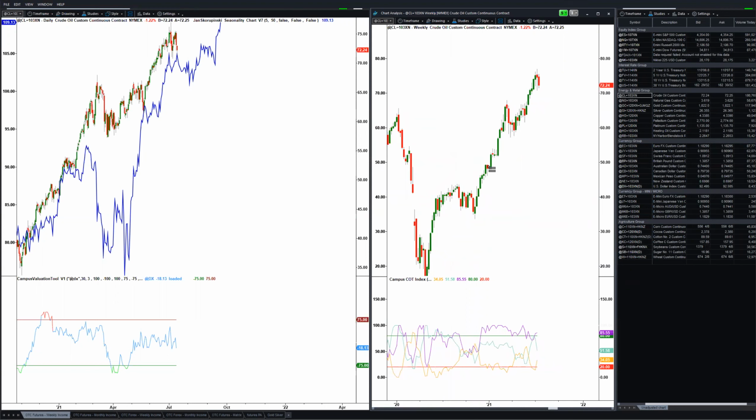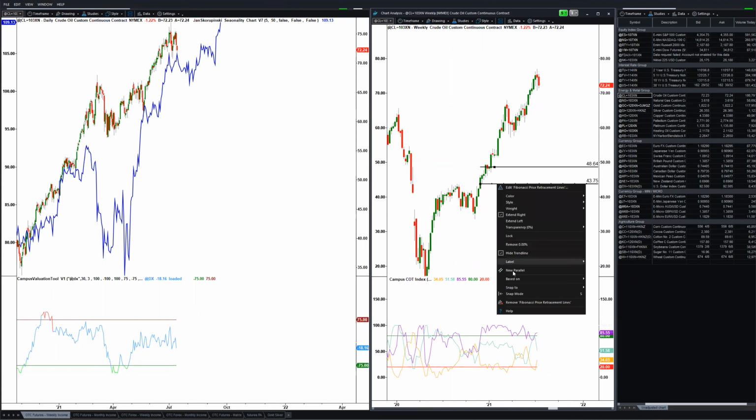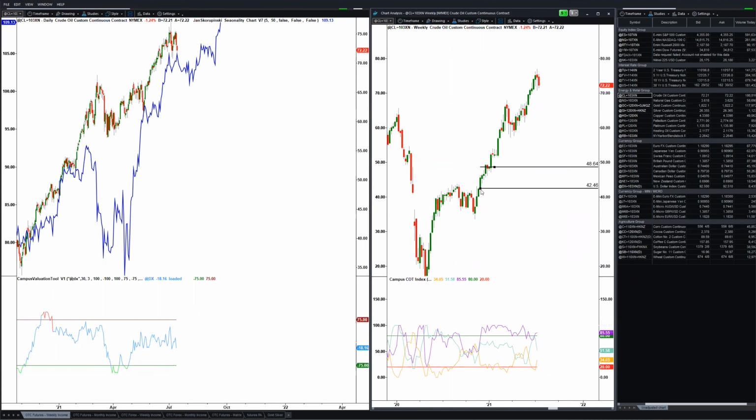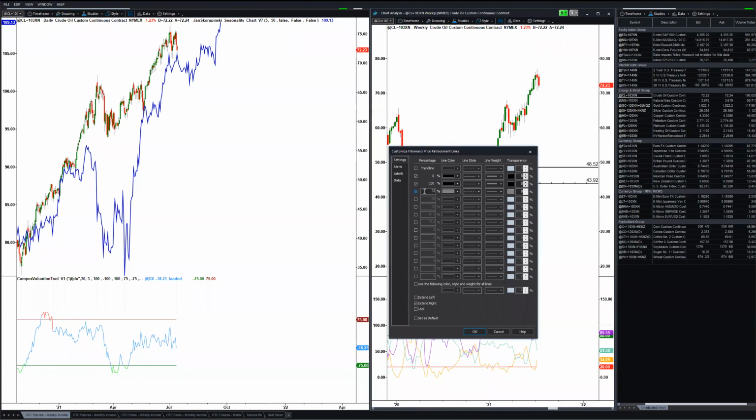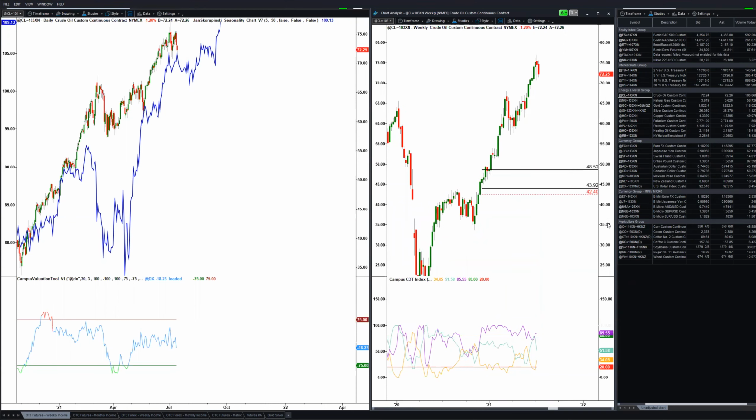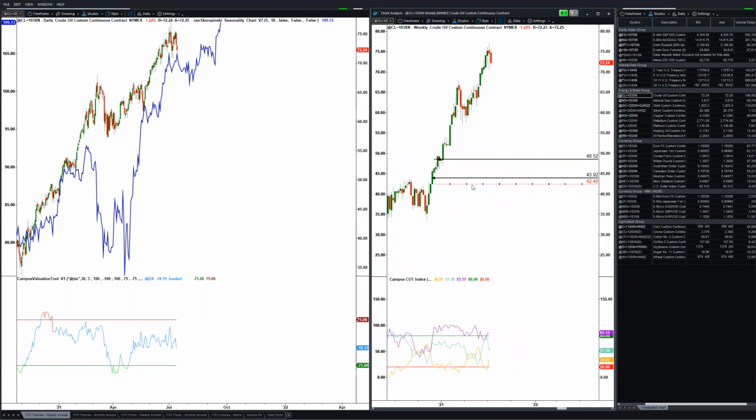Crude oil. Let's assume you're a monthly income trader and you want to go long this zone on crude oil.